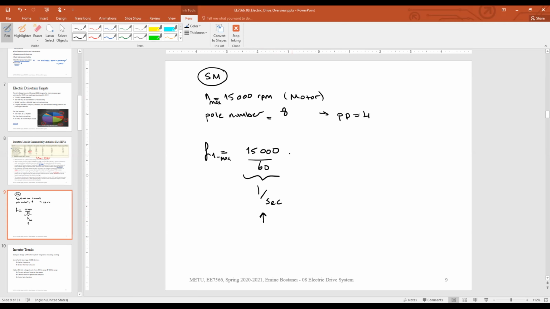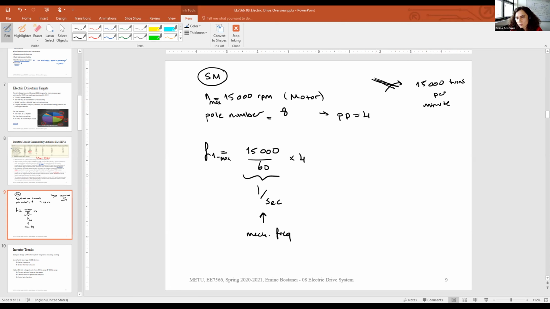Then this is the rotor's, and if we want to convert it to electrical frequency, we will multiply by 4. So this will be the electrical frequency. 15,000 RPM means that our shaft is going to rotate 15,000 turns per minute.